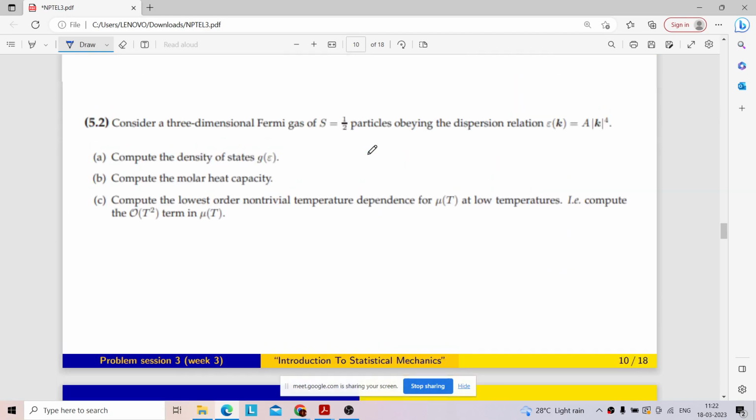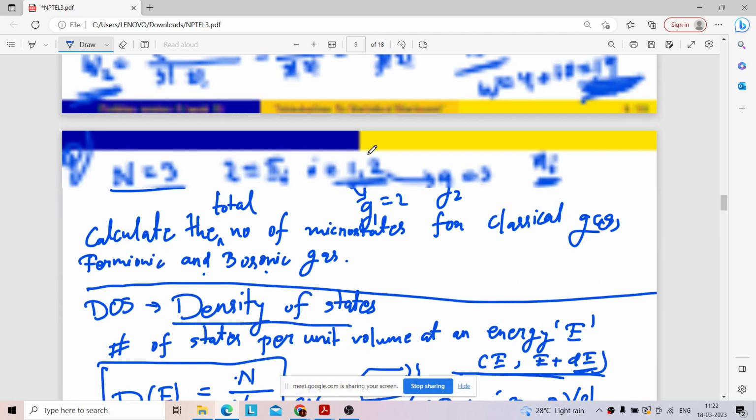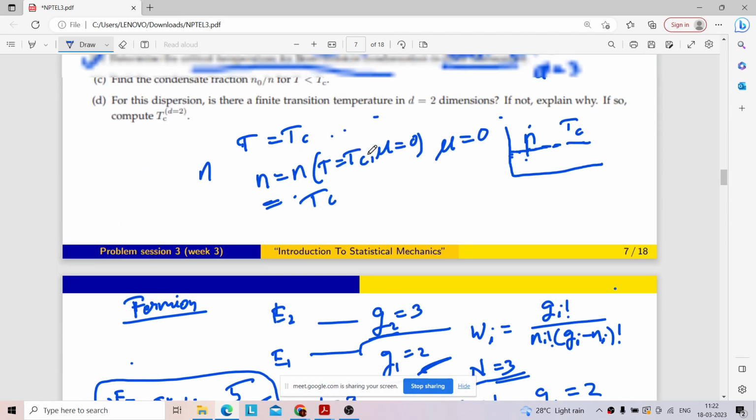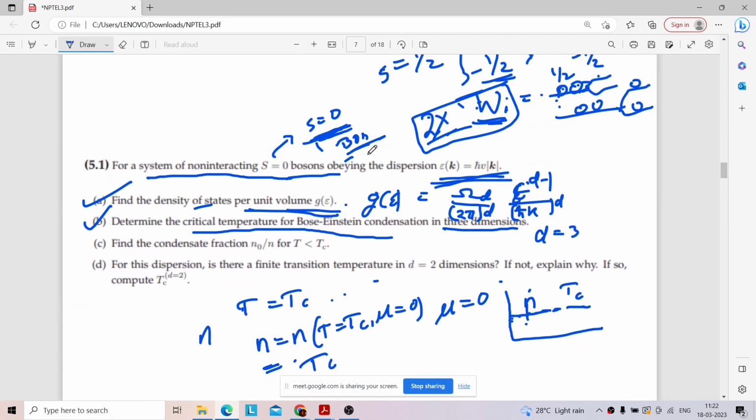Now, what is the next question? For this dispersion, is there any finite transition temperature in two dimensions? If not, explain, or if there is, then find Tc.